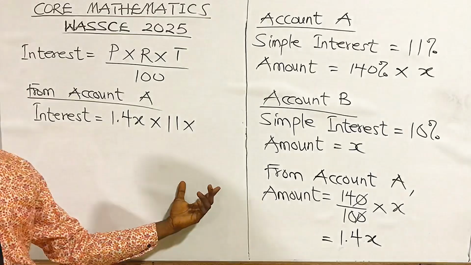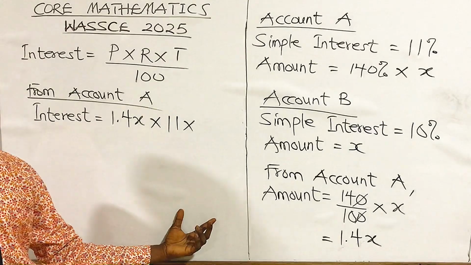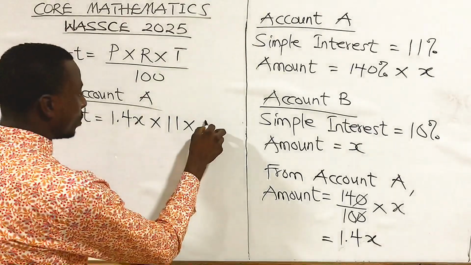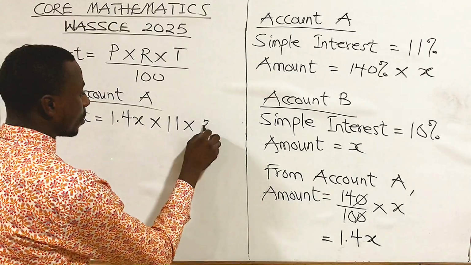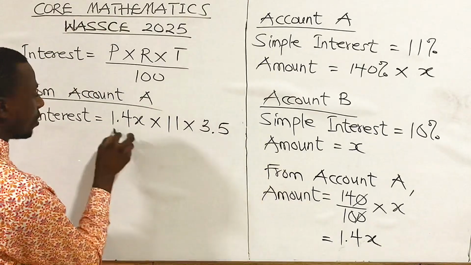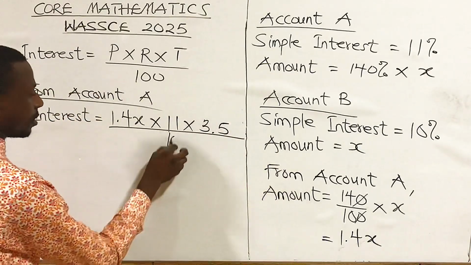From the question we have 3.5 years, all over 100.